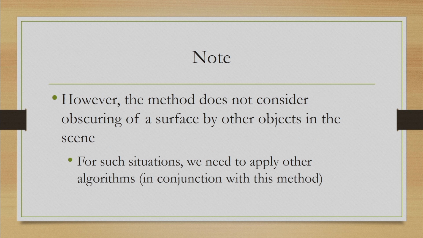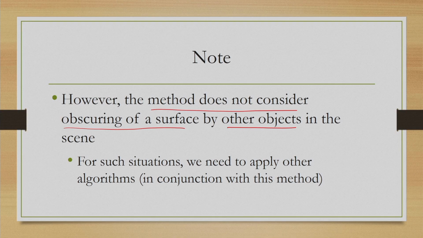However, there is a problem with this method. This method does not consider obscuring of a surface by other objects in the scene. So, what we did? We essentially eliminated back faces of an object. Now, here the back faces are obscured by surfaces of the same object.